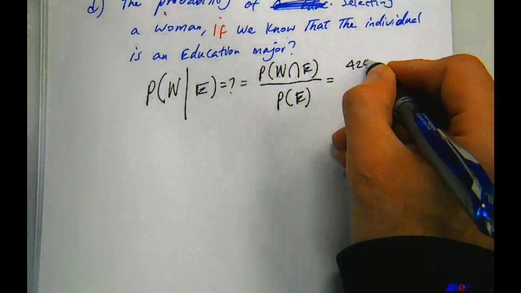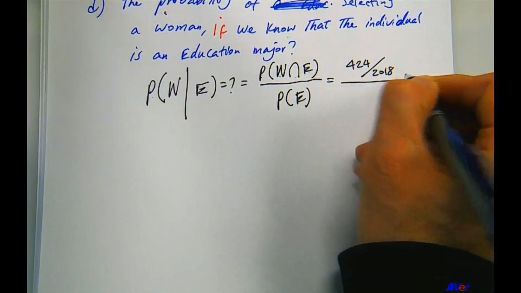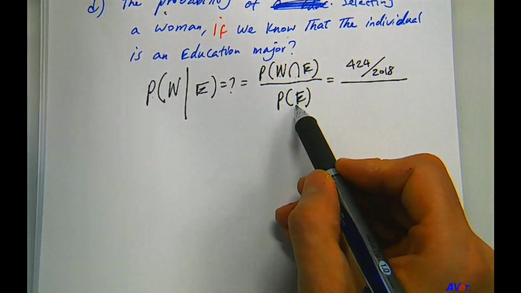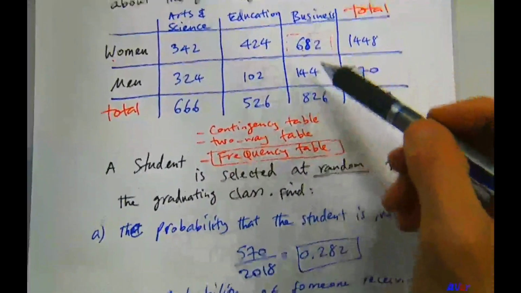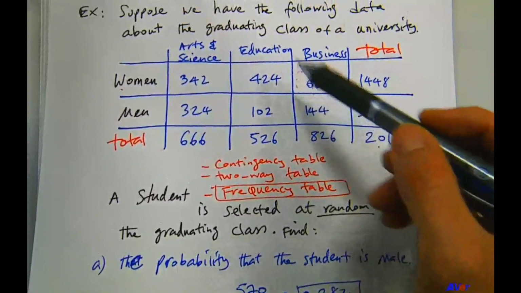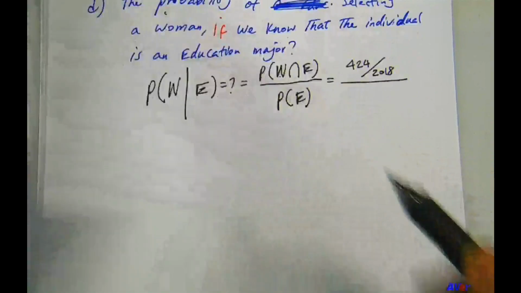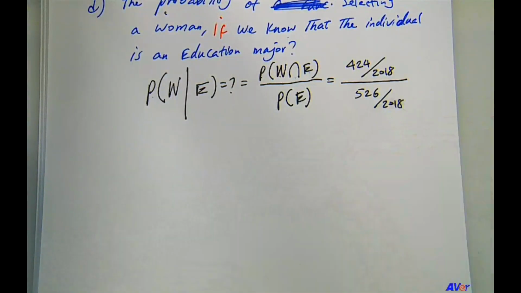So 424 divided by 2018, over the probability of selecting someone who's an education major. When we come back here to our data, education majors, there are 526 total of those. So 526 out of 2018.